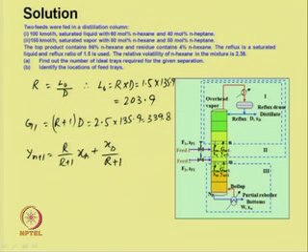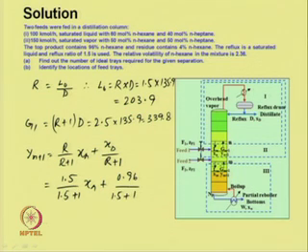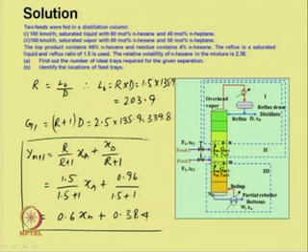So, this would be equal to 1.5 divided by 1.5 plus 1 xn plus xD is 0.96 divided by 1.5 plus 1. So, we could write 0.6 xn plus 0.384. So, this is the equation of the operating line in the rectifying section.